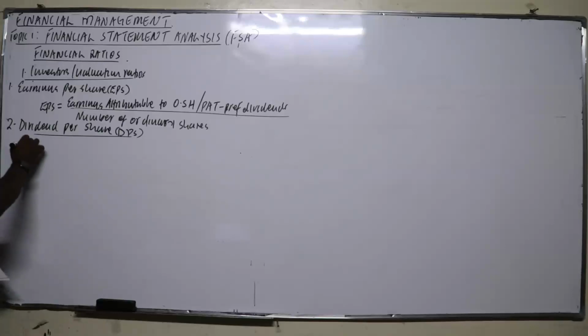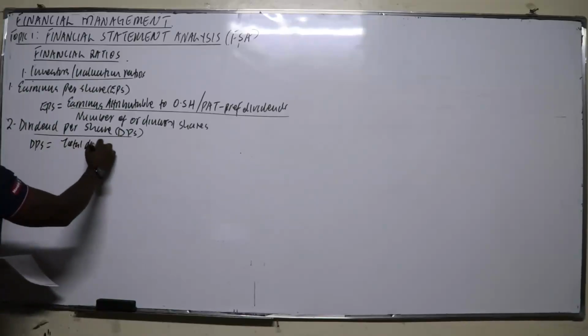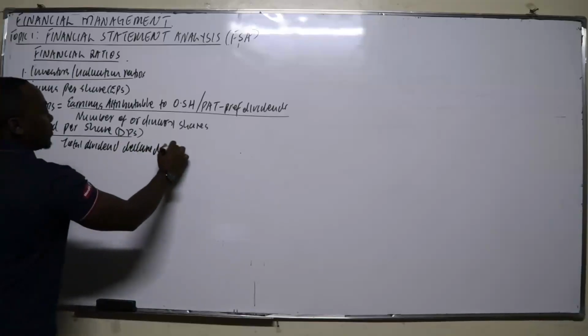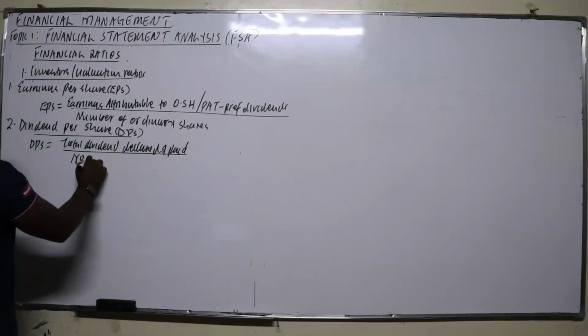Therefore, how do we get the dividend per share? You take the total dividends declared and paid, then you divide by the number of ordinary shares.